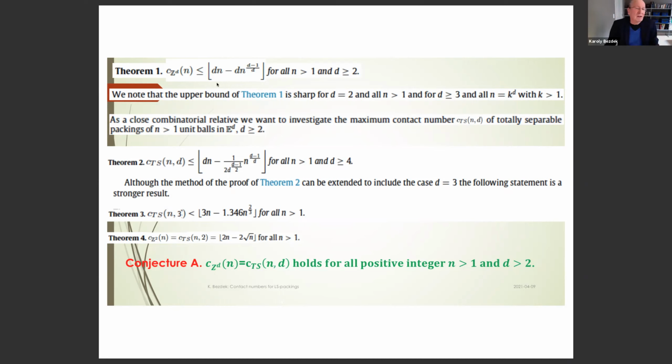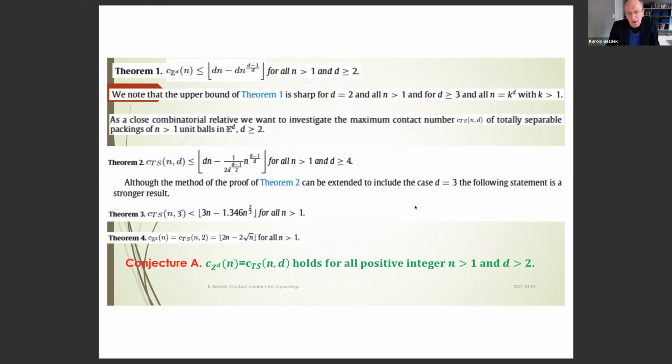And it is not that bad for other values of n either. Nevertheless, for other values of n this is not an exact formula. This is just an upper bound.